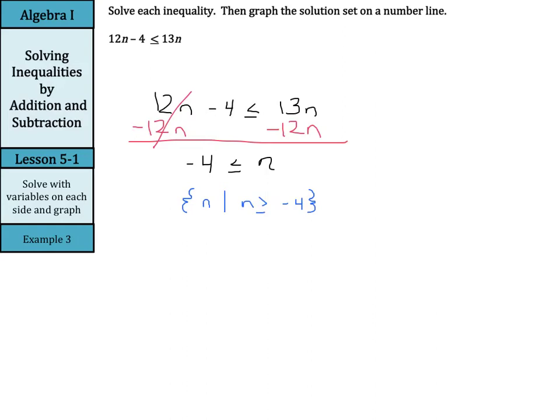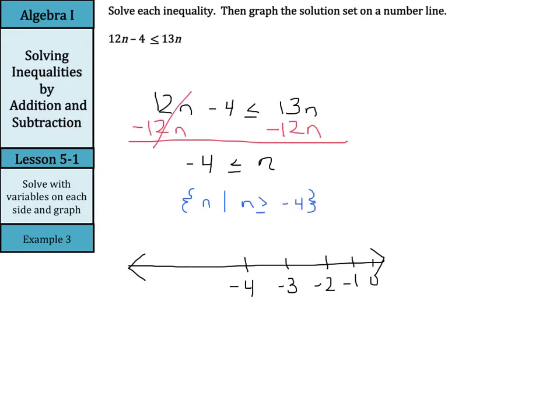Now, graphing is an excellent way of actually checking our solution. As you graph these, it should be pretty easy to graph. Now, on our number line, I usually put my solution in the middle of the negative 4, and a couple numbers to the right, negative 3, negative 2, negative 1, 0.